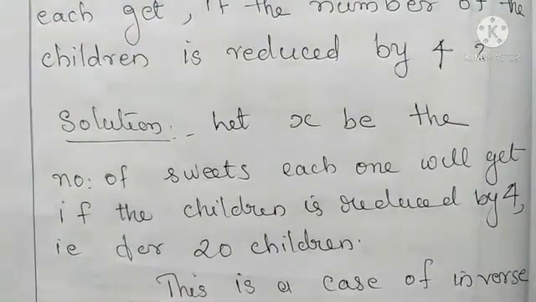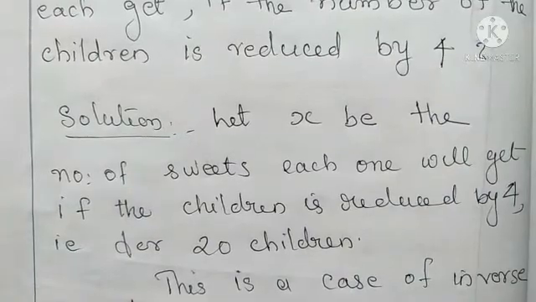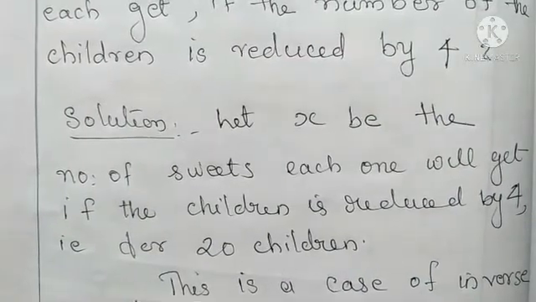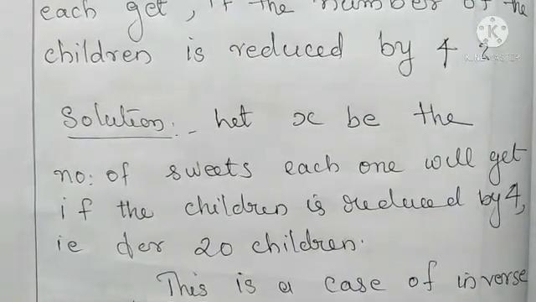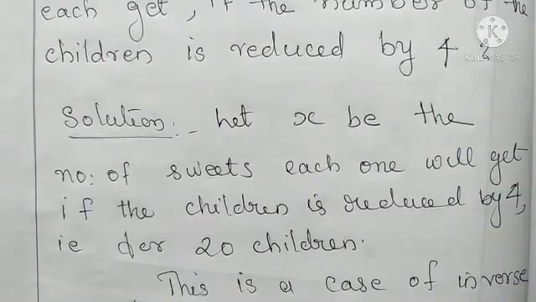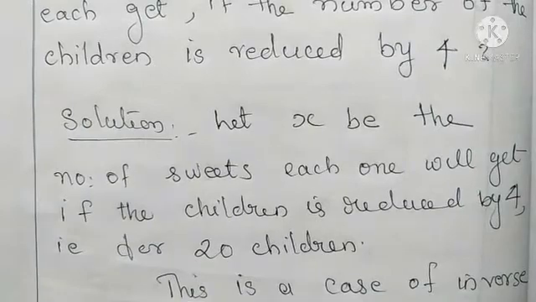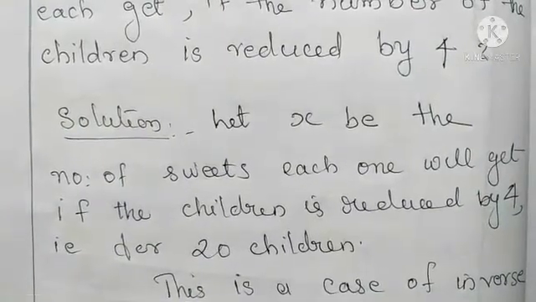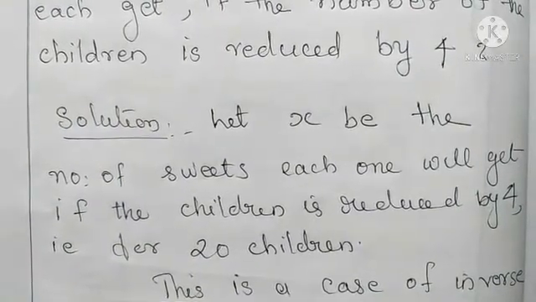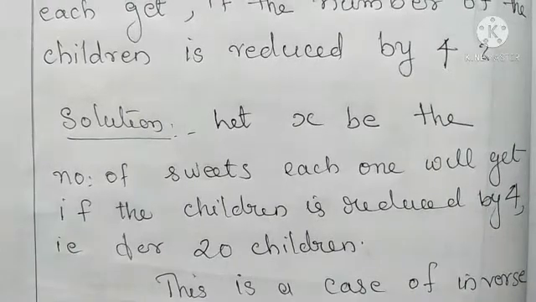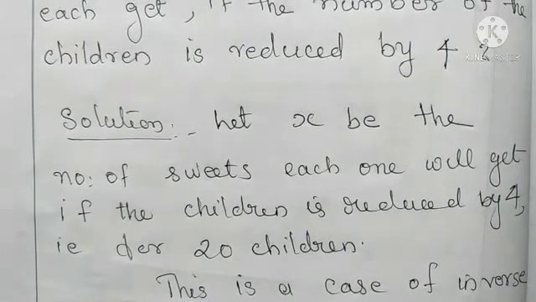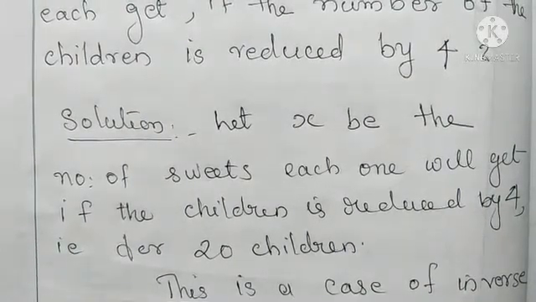So let x be the number of sweets each one will get if the number of children is reduced by 4. That is, for 20 children, x is the number of sweets. So which is the situation here, direct or inverse proportion? Here it is a case of inverse proportion. We know that as the number of children increases, the number of sweets for each one will reduce.